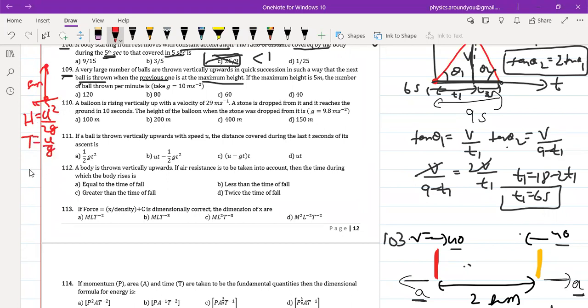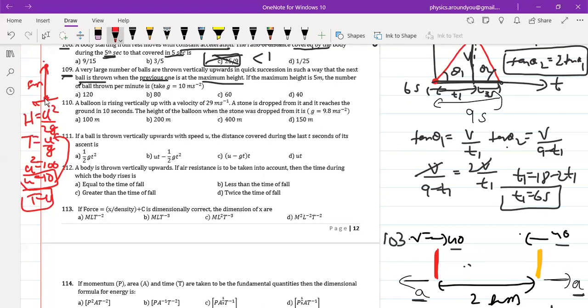So what is u squared? u squared is 2gh, with h equal to 5 and g is 10. So 20 into 5 is 100, u is 10. If you put u as 10, 10 by 10, time is 1. So the ball takes 1 second to go up.